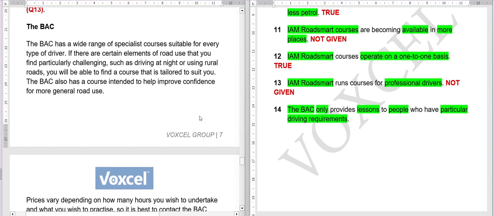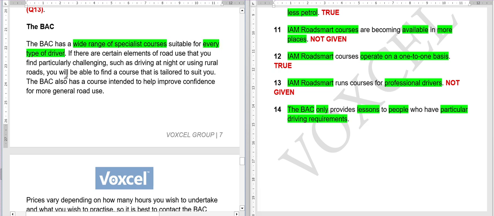The BAC has a wide range of specialist courses suitable for every type of driver. So they're saying that they have a wide range of specialist courses, and it's suitable for every type of driver.